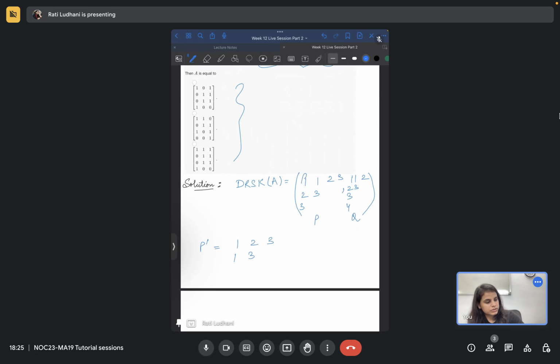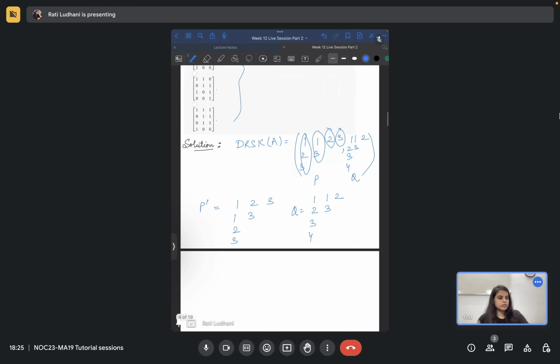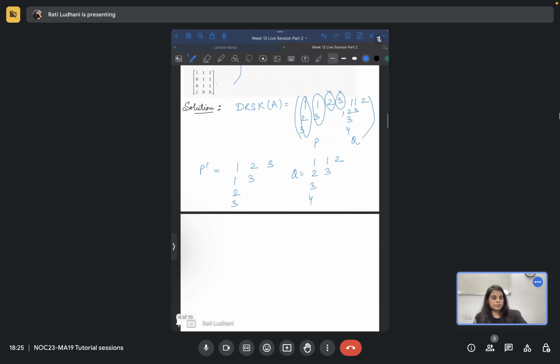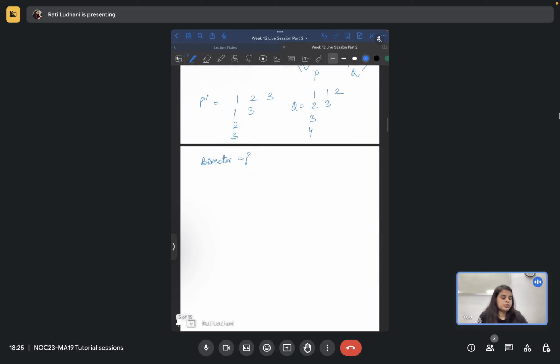So first row, second row, third row, fourth row. And this we have 1 1 2 2 3 3 and 4. So this is Q. So we have both the insertion tableau and the recording tableau. But what we need now is the bivector to get back our matrix. So how should we do that?